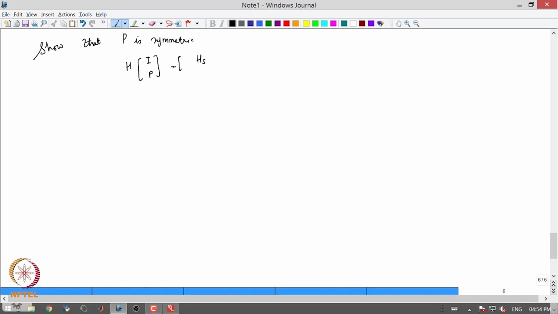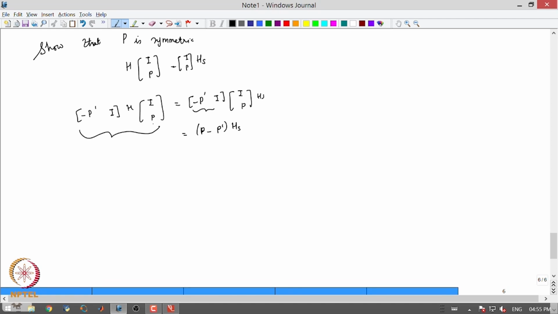This M is again I and P. Again I left multiply this by minus P transpose, I, that is, pre-multiply both sides by this term, and here this will look like the following. This is P minus P transpose times Hs.